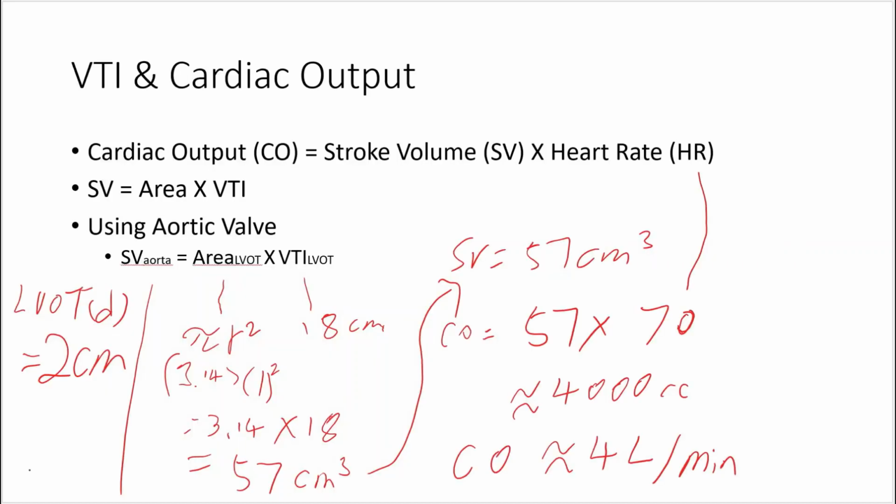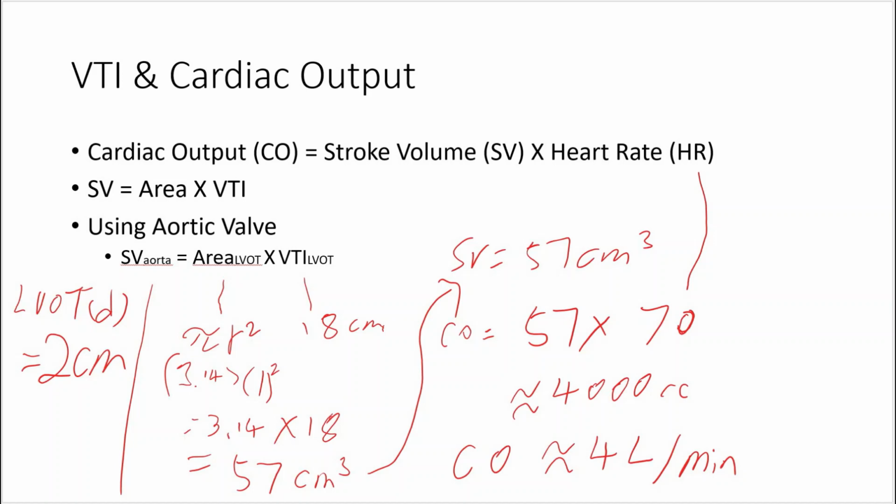Here is an example of how to do the math to calculate the cardiac output using the VTI. Recall, cardiac output equals stroke volume times heart rate, and stroke volume equals area of LVOT times VTI. Using the flow across the aortic valve, we calculate the stroke volume across the aortic valve, which equals area of the LVOT times VTI of the LVOT.